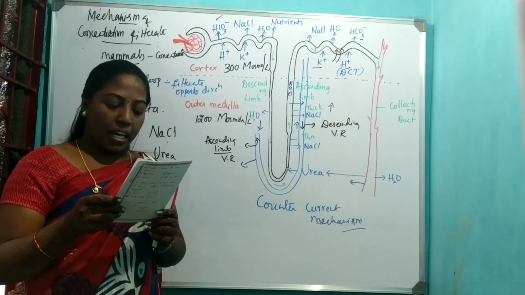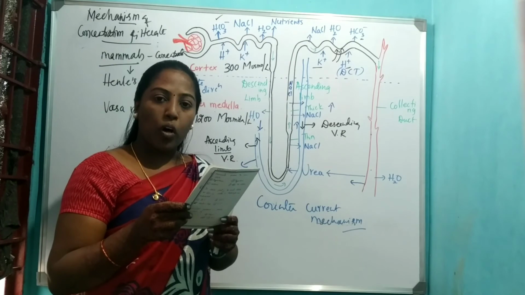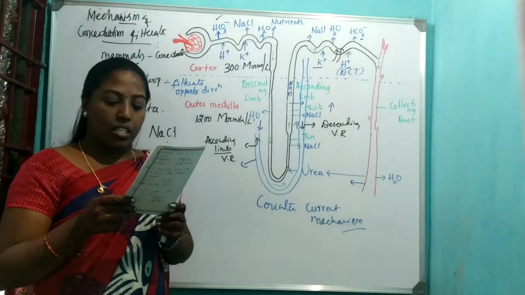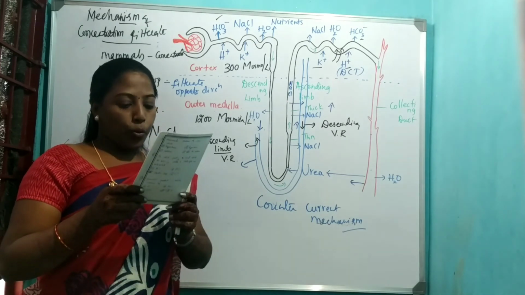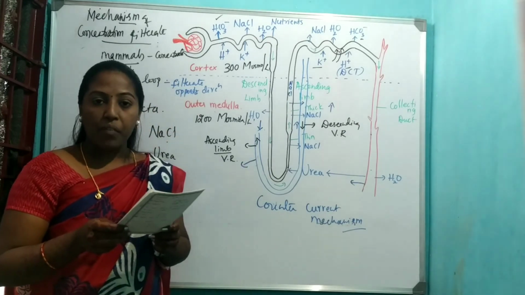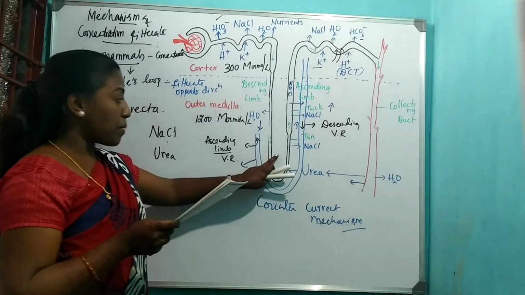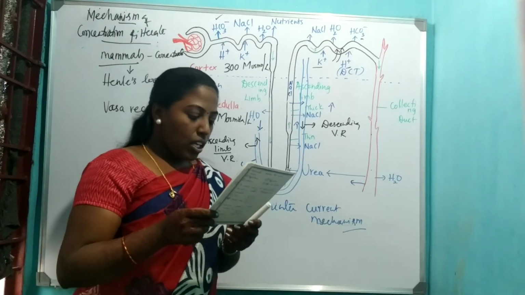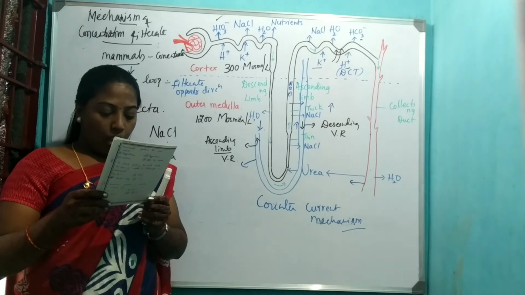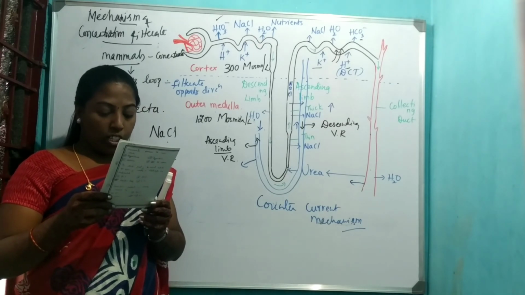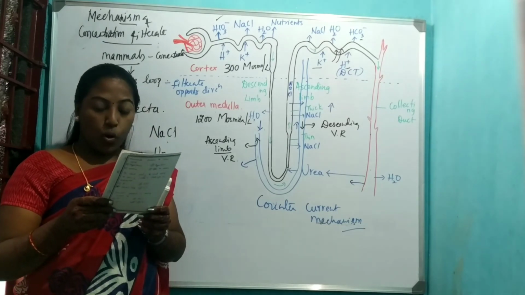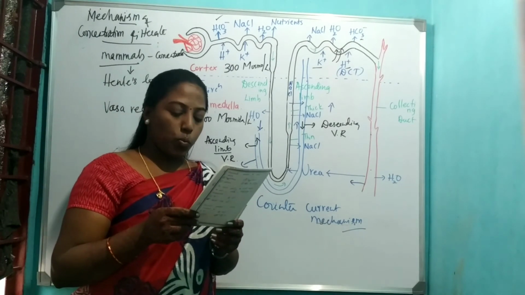Mammals are characterized by metanephric kidneys with a loop of Henle, mesonephric kidneys with Henle's loop, metanephric kidneys without Henle's loop, or pronephric without Henle's loop. Mammals are highly advanced, so they have metanephric kidneys with Henle's loop. The answer is A. Next, PCT is lined by columnar epithelium, brush-bordered columnar, cuboidal epithelium, or cuboidal brush-bordered epithelium. The answer is cuboidal brush-bordered epithelium.